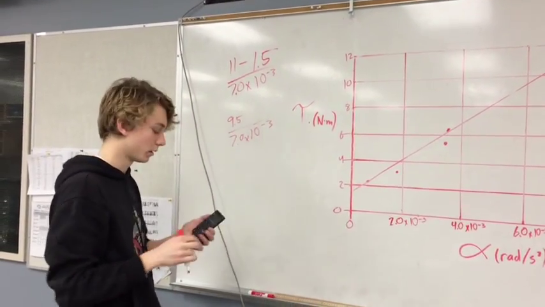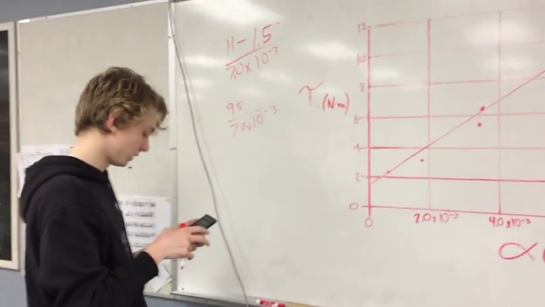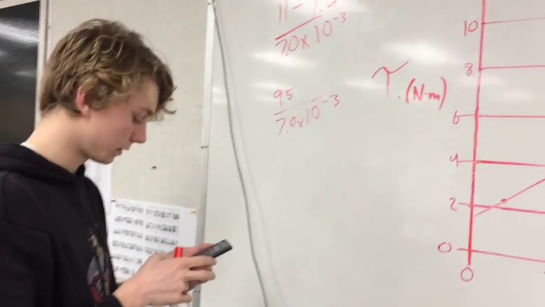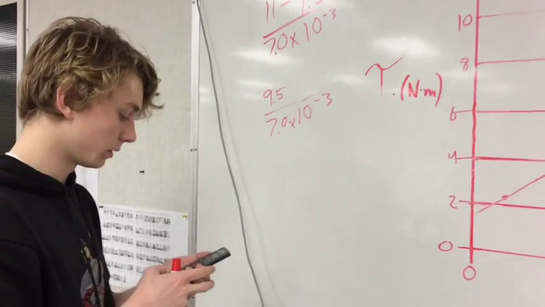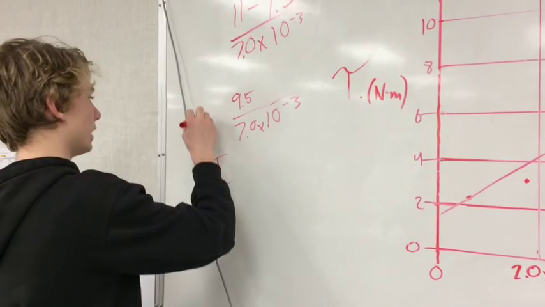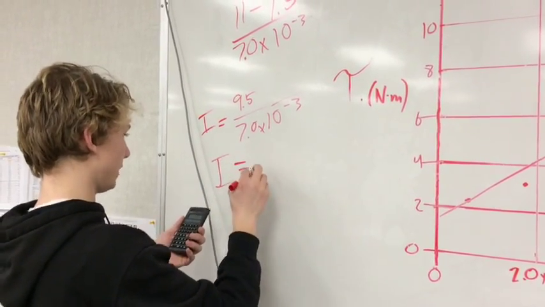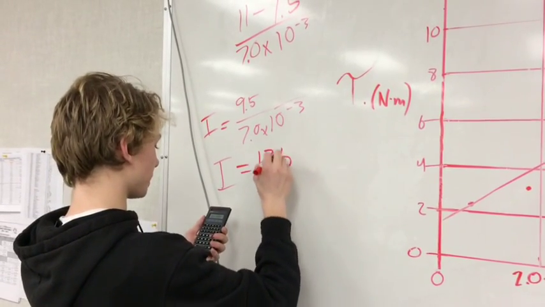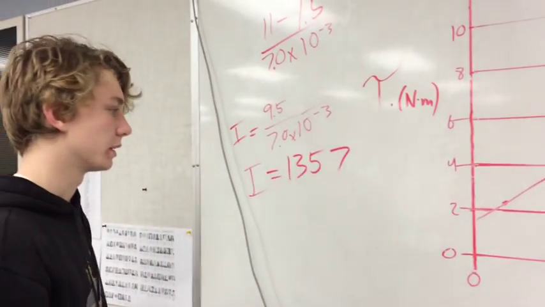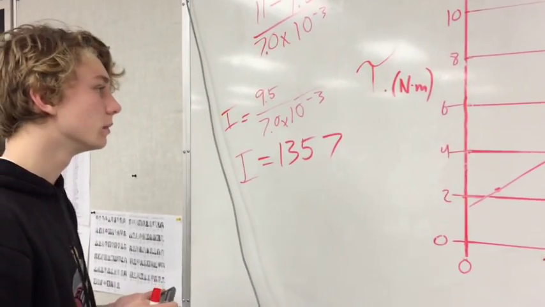And the good old scientific calculator here: 5.0 E3 negative equals our I value, what I equals here. And calculate that, we get, probably to the wrong amount of significant figures, 1,357 is your I value. Moment of inertia.